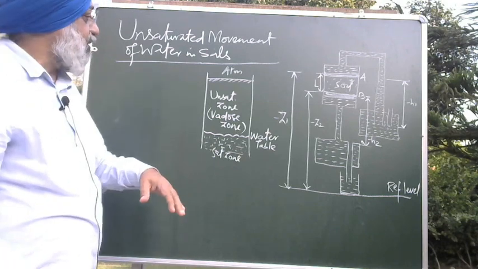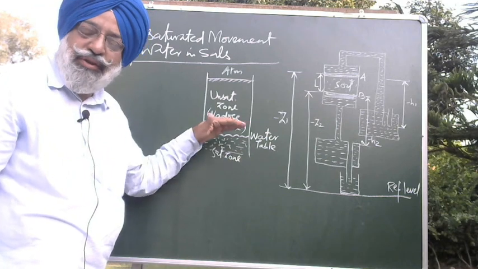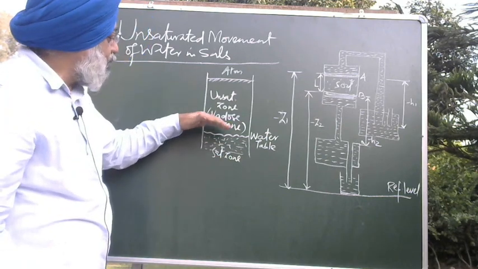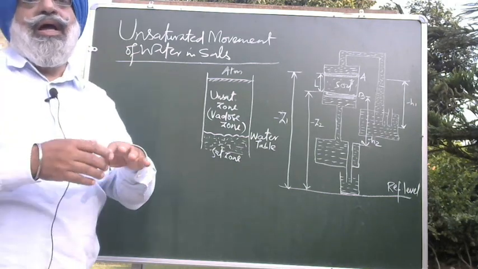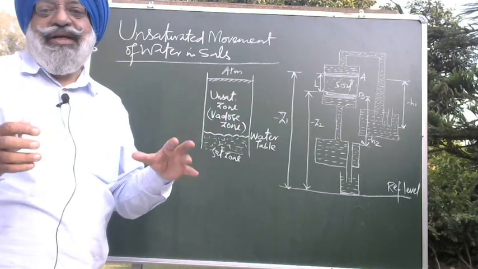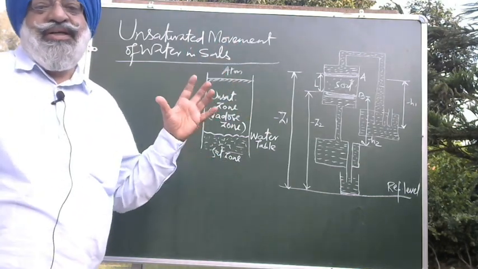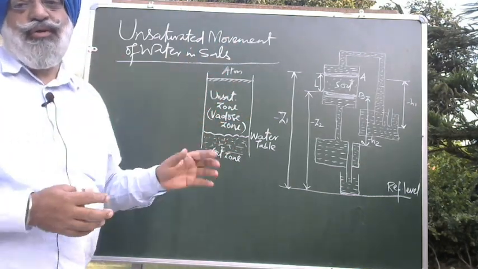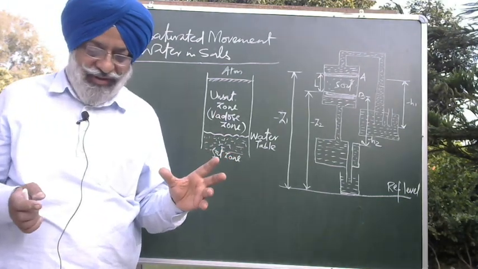so that's why it plays a very important role in the hydrological cycle, because it is controlling the saturated zone or water table. It is also controlling the evaporation of water from the surface of the soil. And the hydrological cycle cannot be complete until evaporation takes place, whether from the surface of soil or from a water body. This evaporation process is an important component of the hydrological cycle.